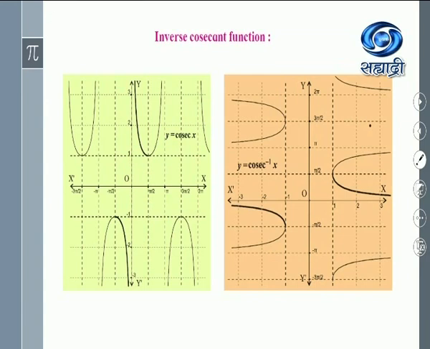Similarly, you consider the other branches, this is also the darkened part. So with this domain and range, by interchanging, you will get the graph of the inverse cosecant function.